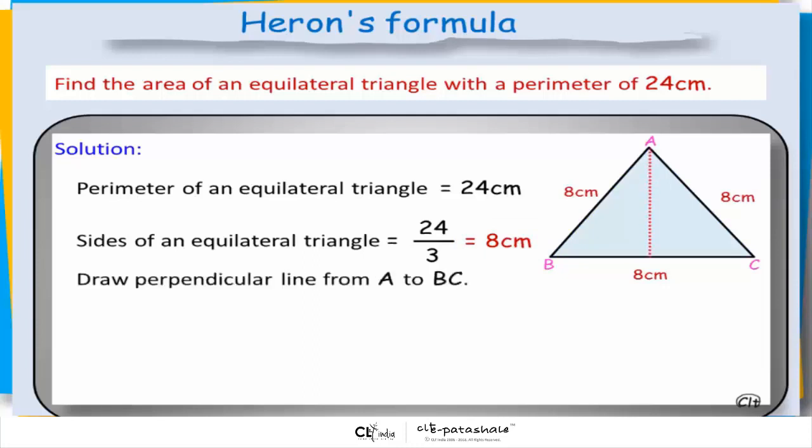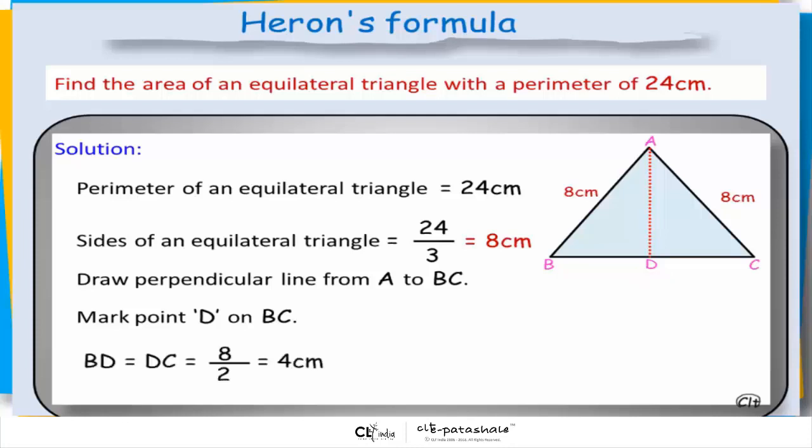If we draw a perpendicular line from A to BC and mark the intersection of this line as D on BC, then BD is equal to DC is equal to 8 divided by 2, which is equal to 4 centimeters.